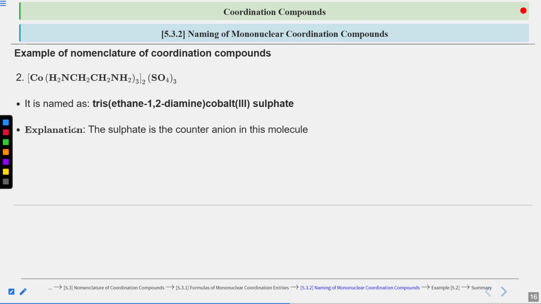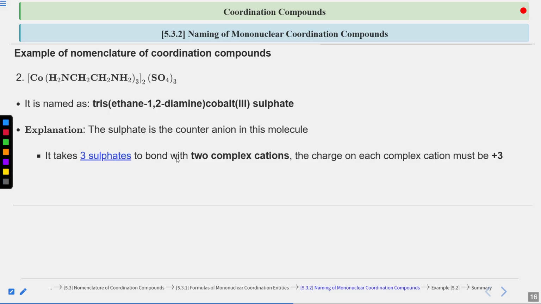Okay. So the explanation is that the sulfate is the counter anion in this molecule, because sulfate is already present outside of the square bracket. So that is the counter ion. Now it takes 3 sulfate to bond with the 2 complex cations, right? Because sulfate is whole thrice and complex is whole twice. Why are we calling it complex cation? Because sulfate is going to have 2 negative charge.